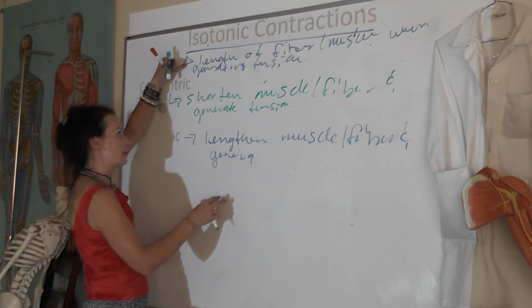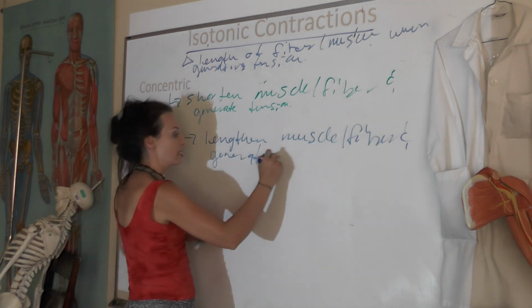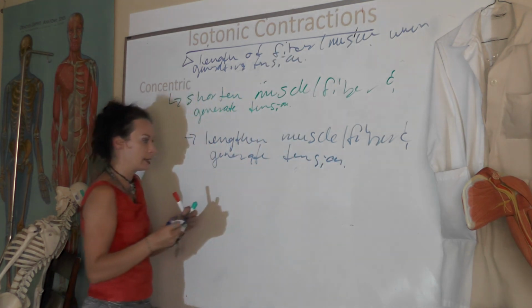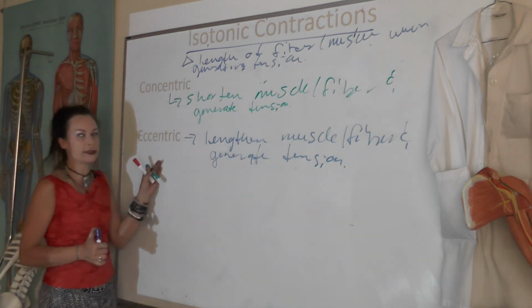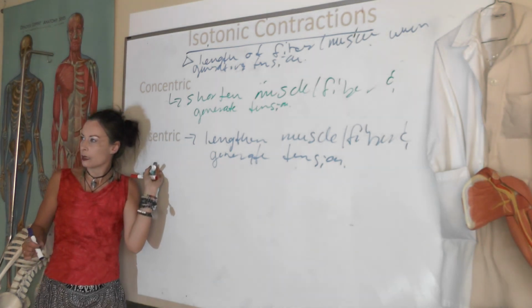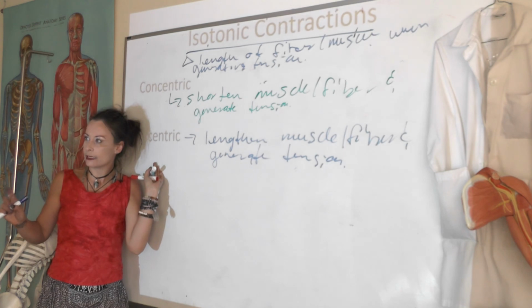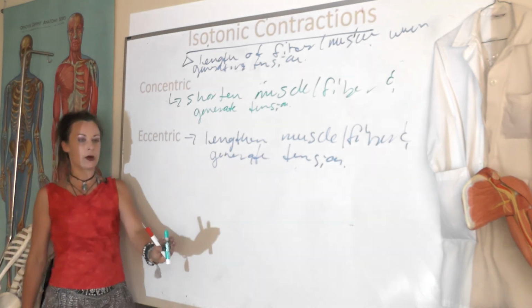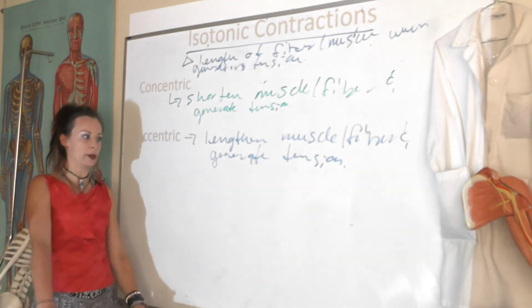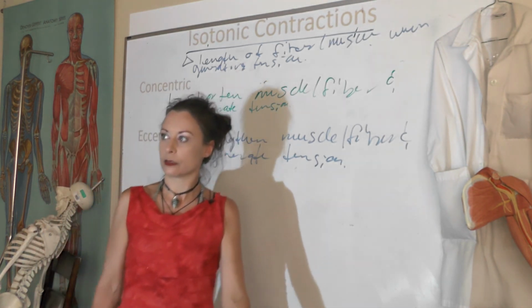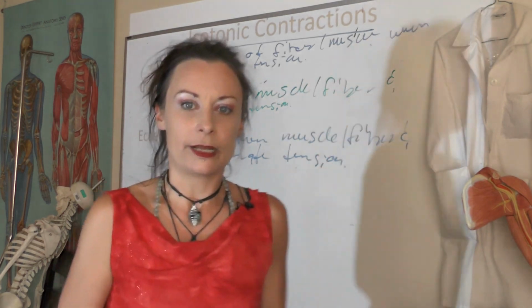So in both of these, I'm changing the length and I'm generating tension, but I'm doing it in opposite ways. I think the easiest, most practically relevant way to understand an eccentric contraction is, imagine you're walking down a really steep hill. You're performing a bunch of eccentric contractions in the muscles in your thigh to do that. Hang on a minute.